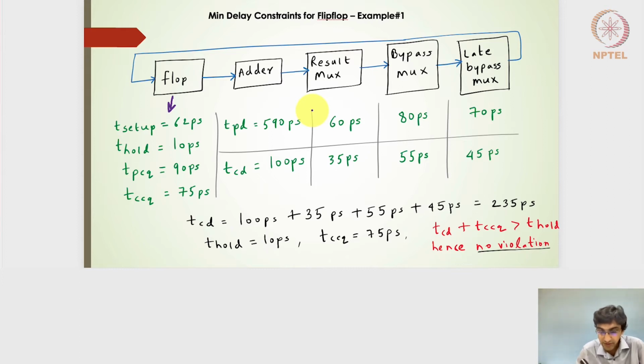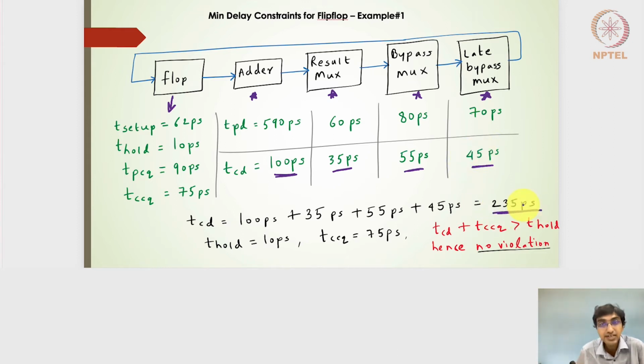So one of the questions we had earlier seen was whether this will have any hold time failures. If I calculate the TCDs of these 4 blocks of combinatorial circuits, which I have annotated in the form of stars, it is nothing but 100 picoseconds, 35 picoseconds, 55 picoseconds, and 45 picoseconds. If I add 100 plus 35 plus 55, it will be 190, plus 45 will be 235 picoseconds.